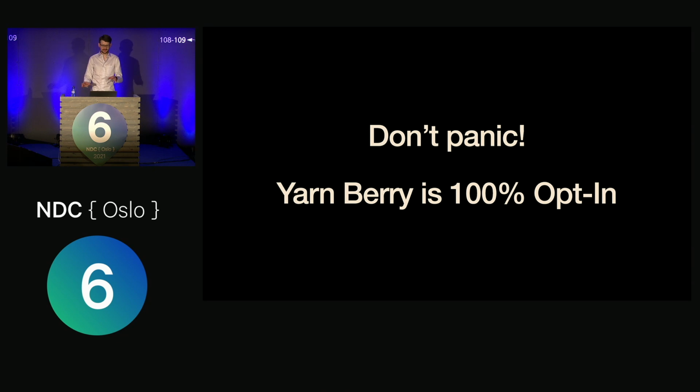So the first and most important thing is don't panic. Yarn Classic is not going away. When Yarn Berry was first released, there was significant concern in the Node ecosystem. There was concern that current stuff would break and the ecosystem would be harmed as a result.